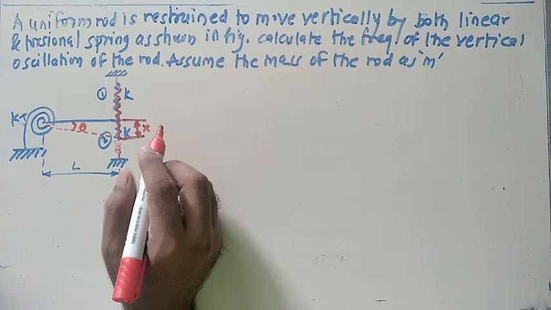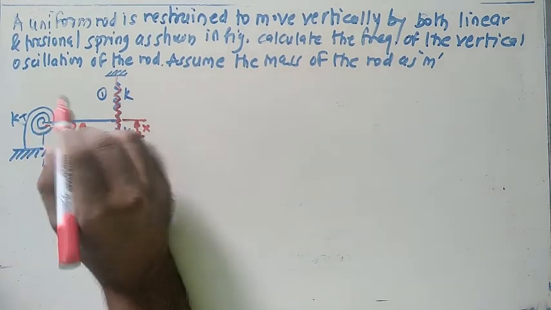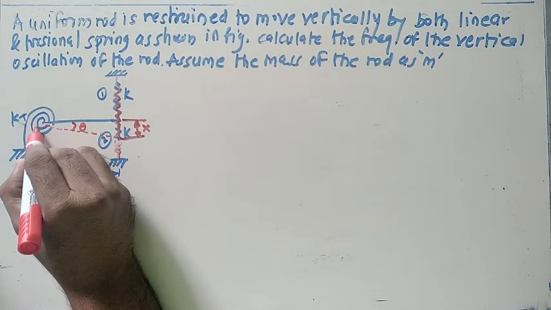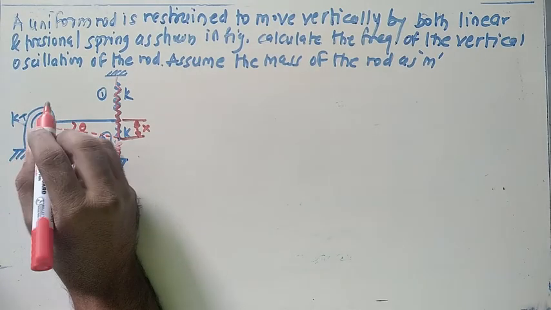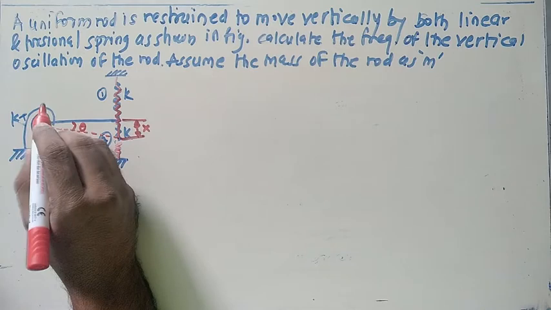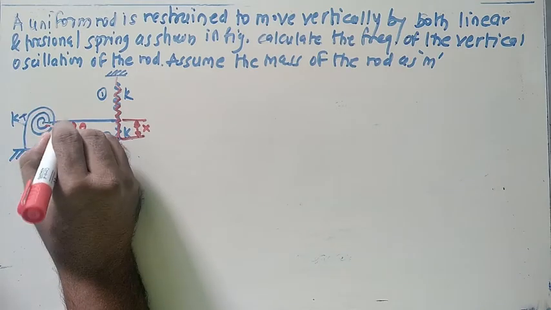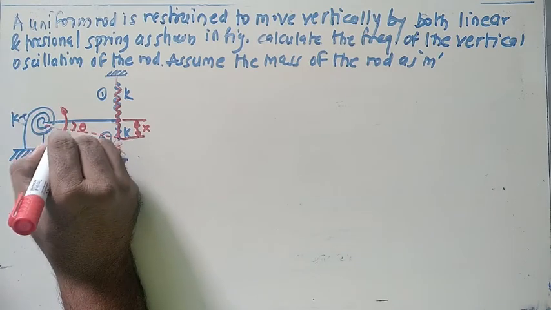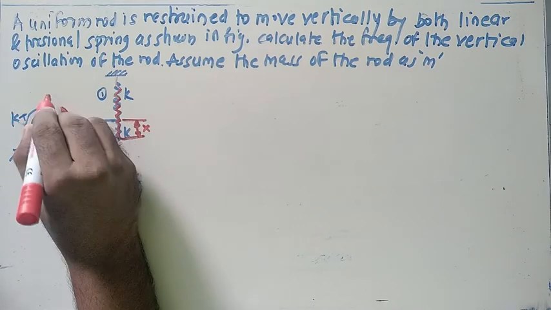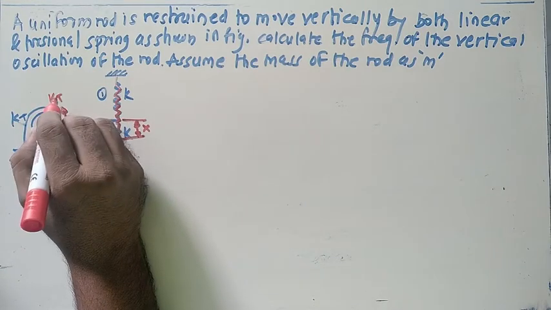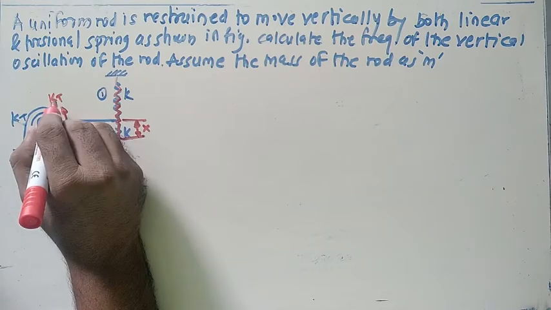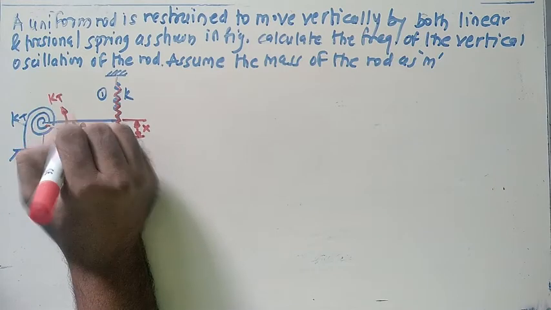So when I pull this one, whatever the spring energy stored here, the tendency of this spring is to oppose that direction, by the magnitude here kt, the spring stiffness for the torsional spring, and here displacement with us theta.